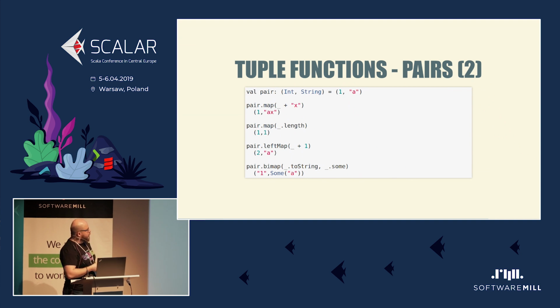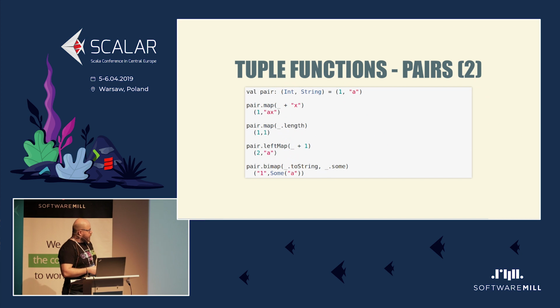As you can see, the Functor on the pair is defined in such a way that this is right-biased. Like Either. If you do a map on Either, it maps on the right element. And of course, as you can see, you get another tuple back without deconstructing the tuple, without pattern matching. It just works. And of course, you can change it to a different type, as in here.